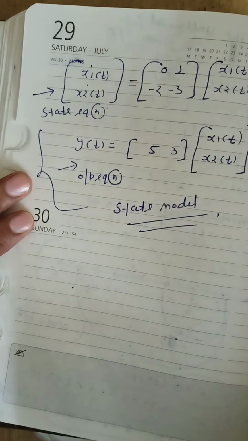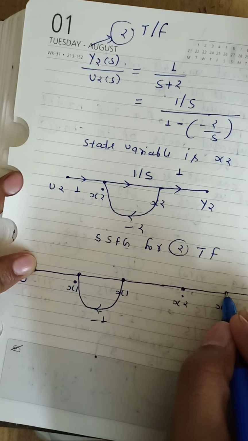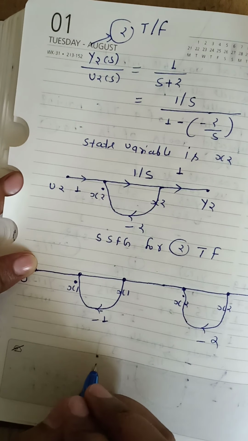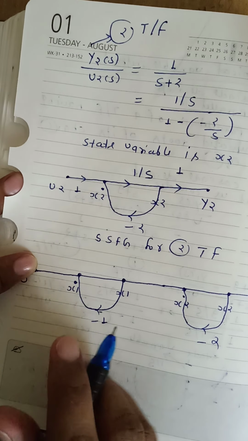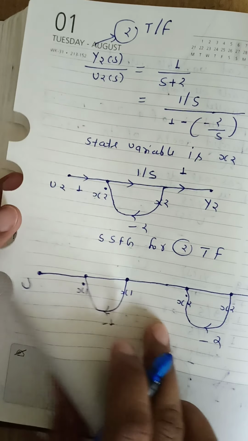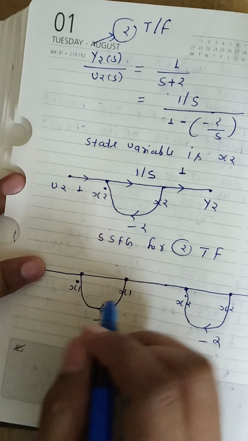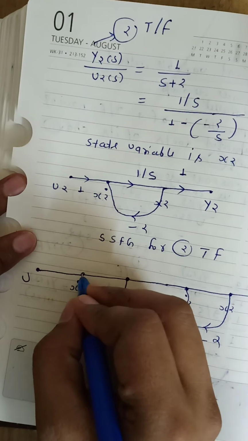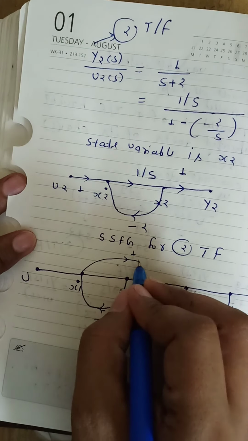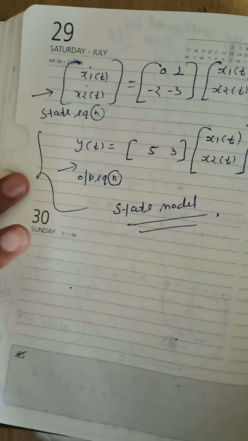Here we have factor minus 1, and here we have a factor minus 2. Here we have 1, and here we have 9.